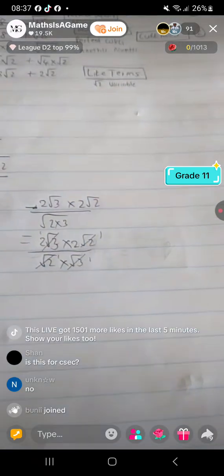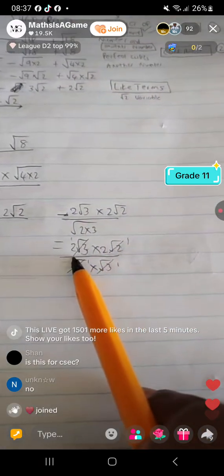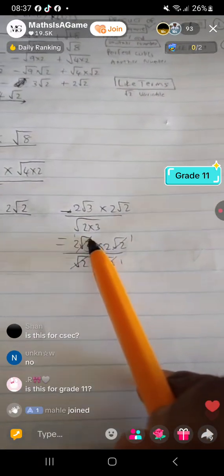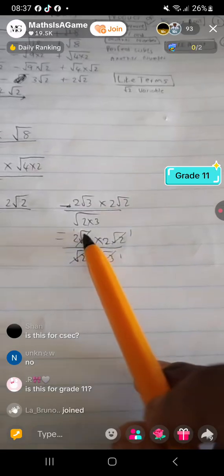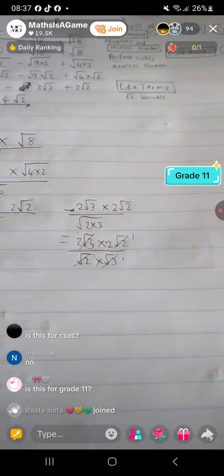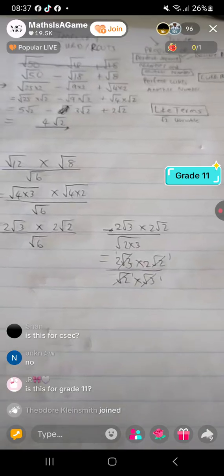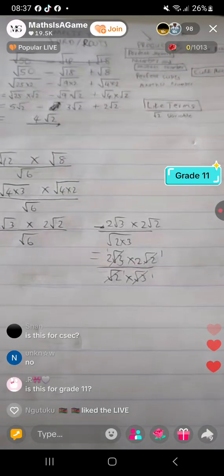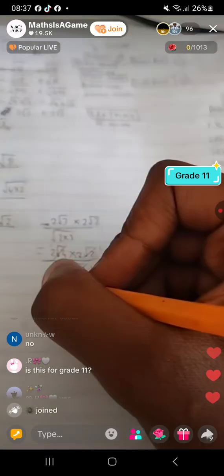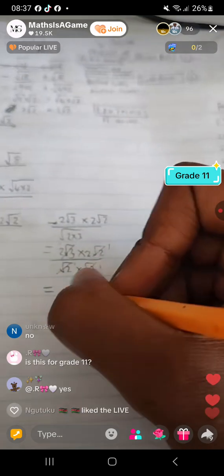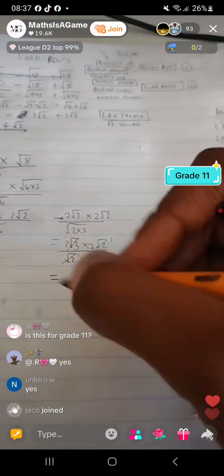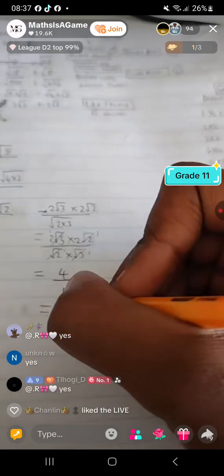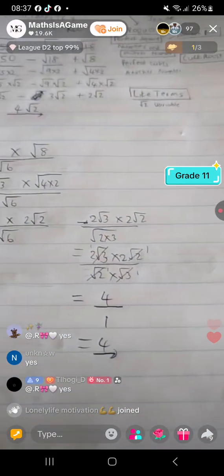We're left with 1 and 1. Then what is left at the top? 2 times 1 times 2. Do you see that, guys? 2 times 1 times 2, which at the top is 4. Then 1 times 1 is 1. So obviously 4 divided by 1 is 4.